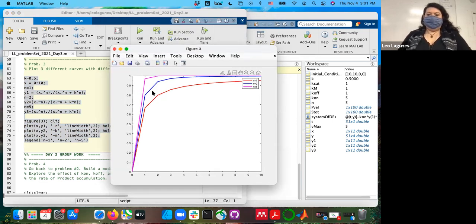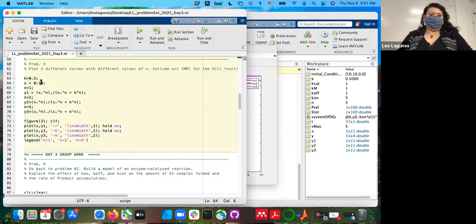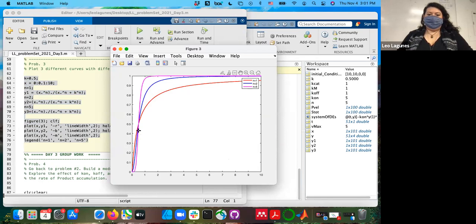So n is 5. You can see a much quicker response. And you can change the number of points to give you a much smoother curve, which I haven't really been going over, but you can see how smooth that is now. And you can see that some of these have a very good threshold, and you can have a good switch, you know, how quickly it gets to 100%.